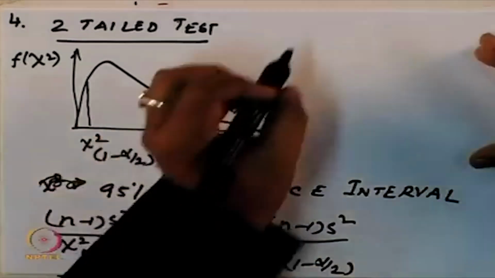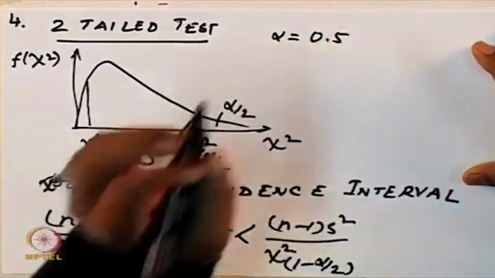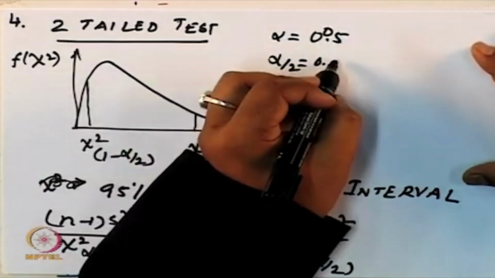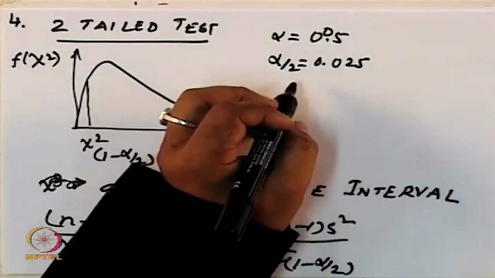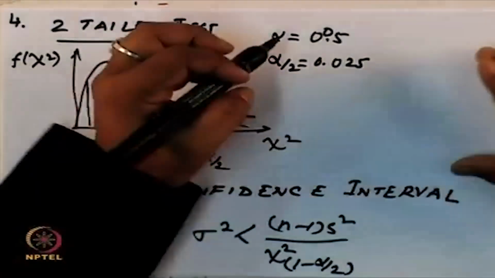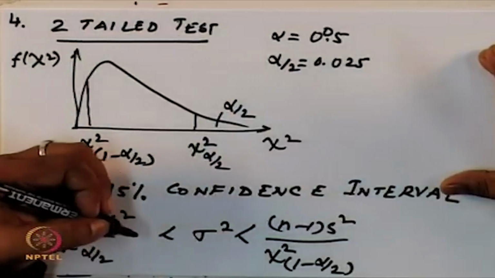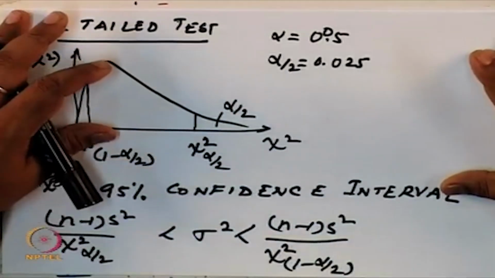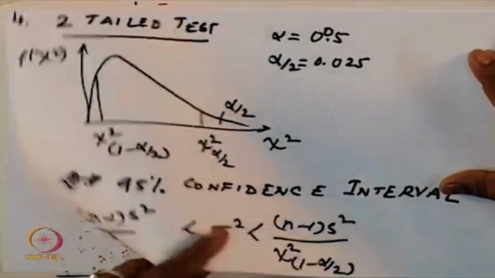If you choose alpha equal to 0.05, then alpha by 2 is going to be 0.025, and this value is going to be chi-square of 0.025 and this is chi-square of 1 minus 0.025. Based on this, you can calculate the 95% confidence interval.